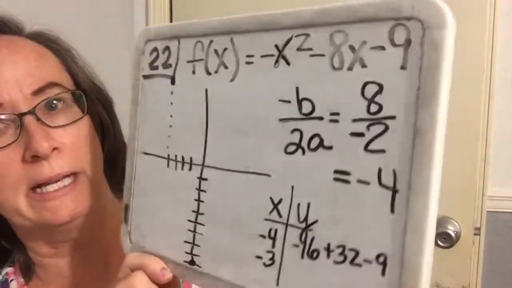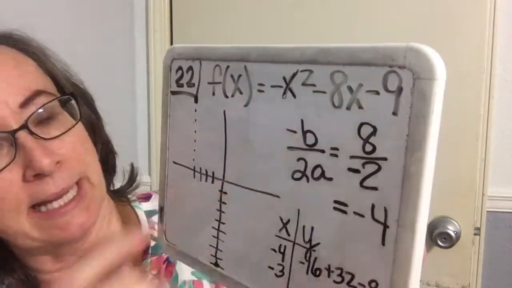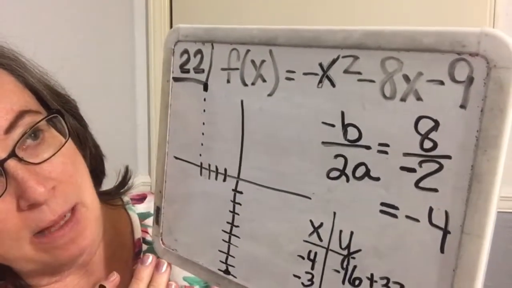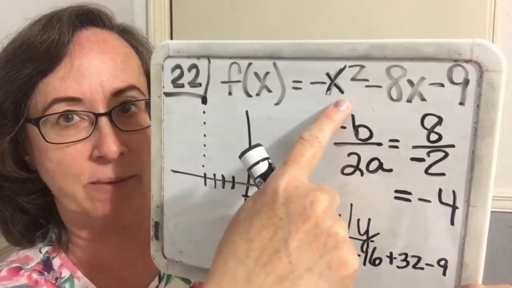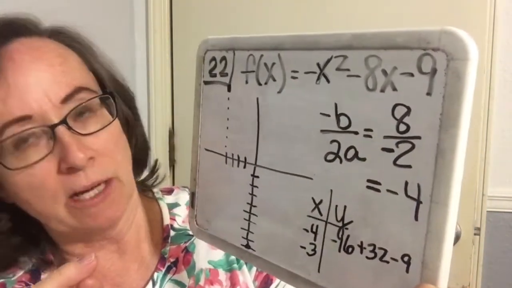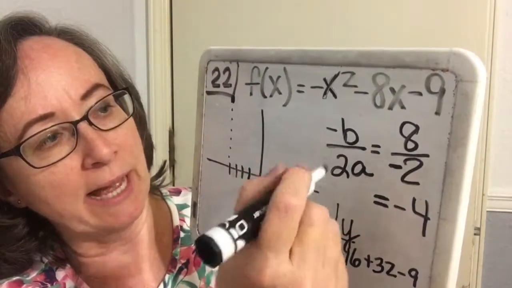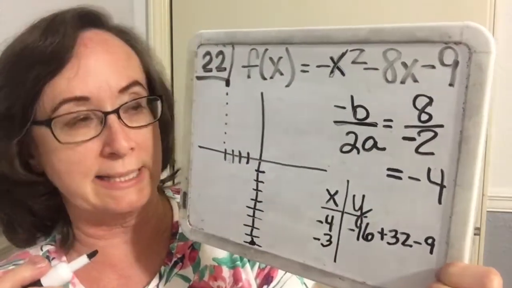Okay, so now on number 22, we have -x squared minus 8x minus 9. And in looking at this, I know that because of the negative in front of the x squared, this is a downward facing parabola. I also know that the x value of the vertex is always at -b over twice a.